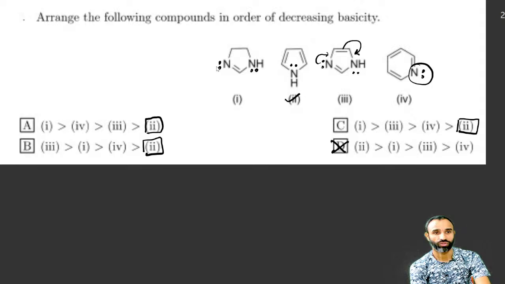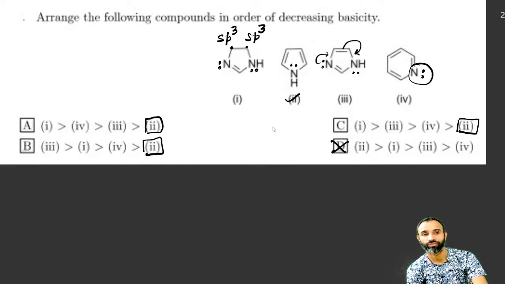But in this case, these two carbons are sp3 hybridized, and there is only one option of resonance. So first should be most basic, followed by third. Why is it so? Got it?